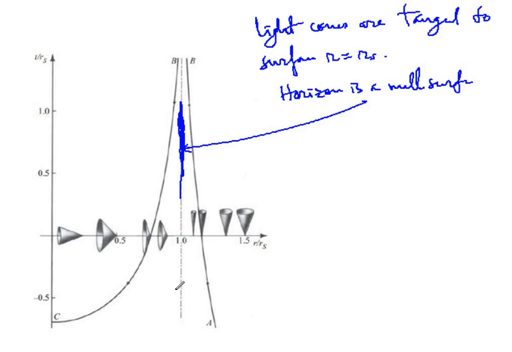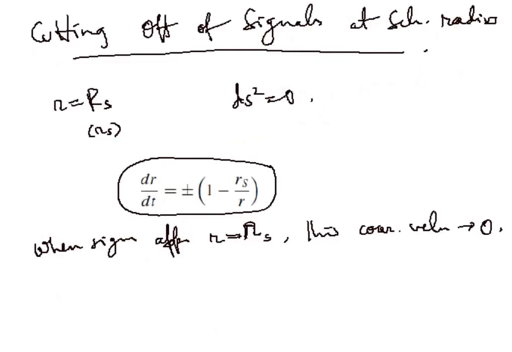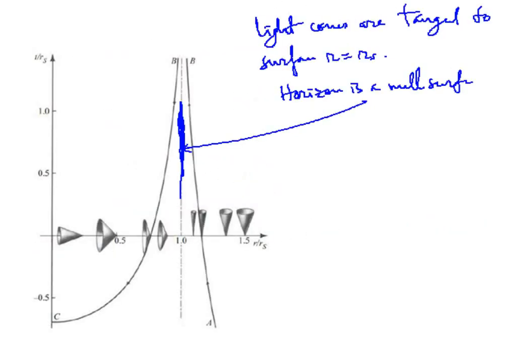You see, the curve here is the world line of a light signal that travels inward. And this curve is obtained by integrating the previous equation, that dr/dt term, this one.